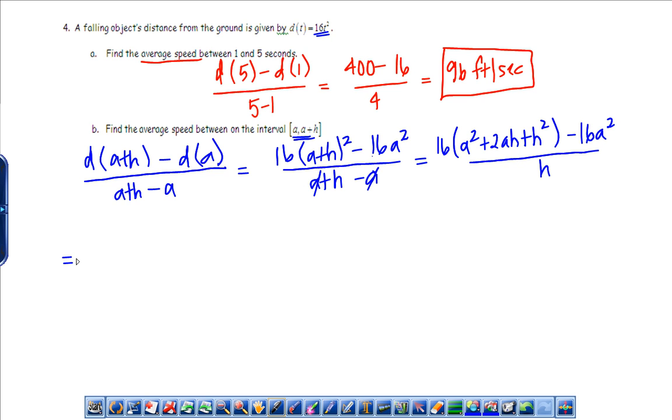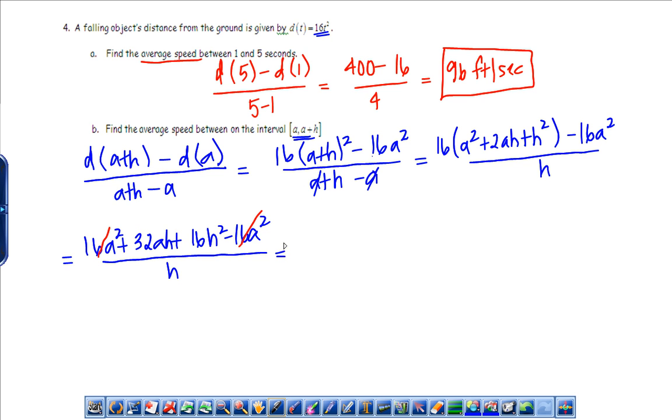I'm going to distribute that 16 to get 16 a squared plus 32ah plus 16 h squared minus 16 a squared, still over h. This last number should cancel out no matter how many numbers you have.